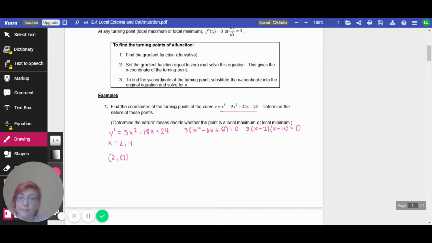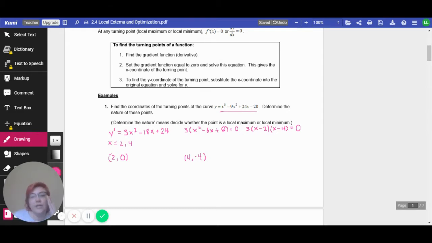For my next one, I'm going to plug in 4 to my original equation. So 4 cubed minus 9 times 4 squared plus 24 times 4 minus 20. And I get negative 4. Okay, so these are my 2 turning points in the function.